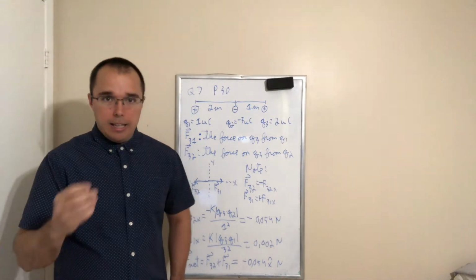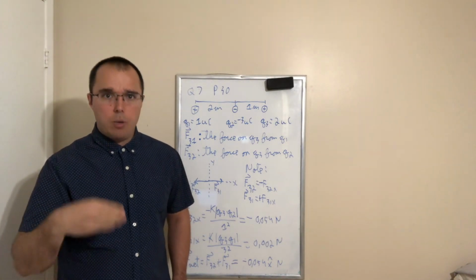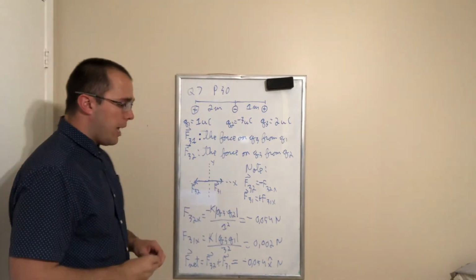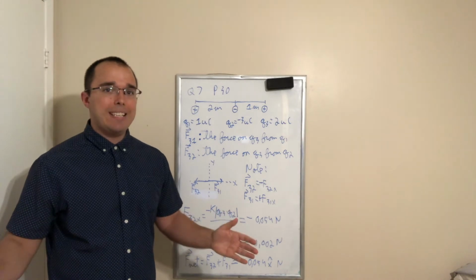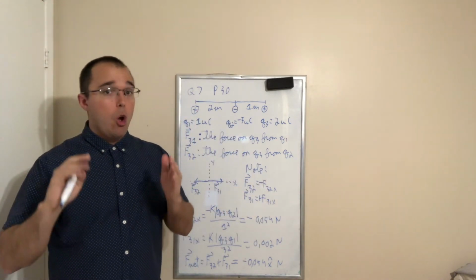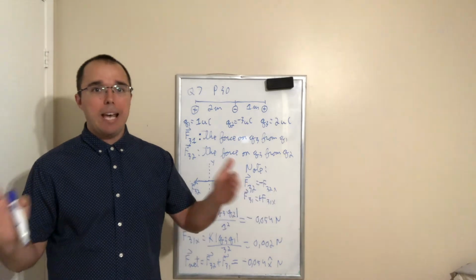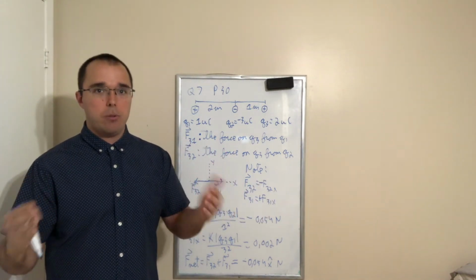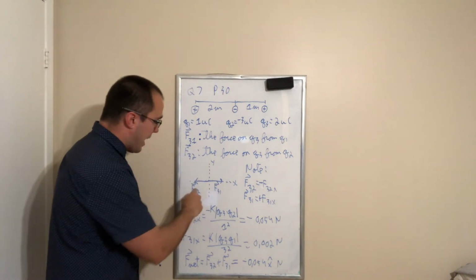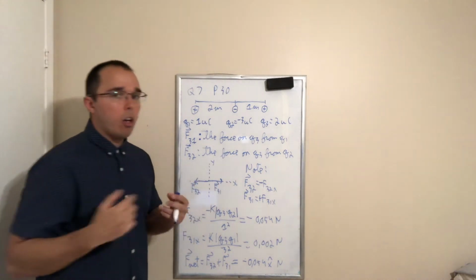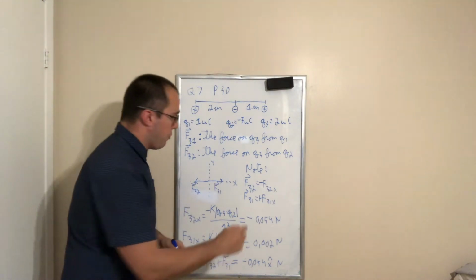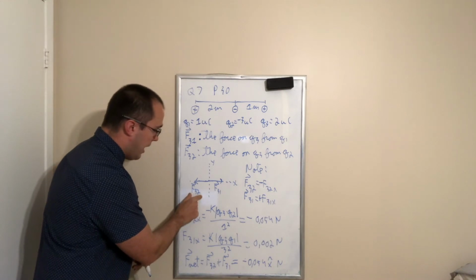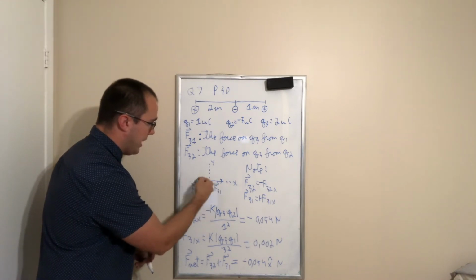One thing I want to highlight, and I talked about this in the vector section, is that we want to take the 2D vectors and break them down into their 1D components. Once they are in 1D components, we can simply add the x together, add the y together, and then recreate our final vector that way. In this case, the two force vectors are already 1D vectors. F32 is a 1D vector pointing in the negative x direction.